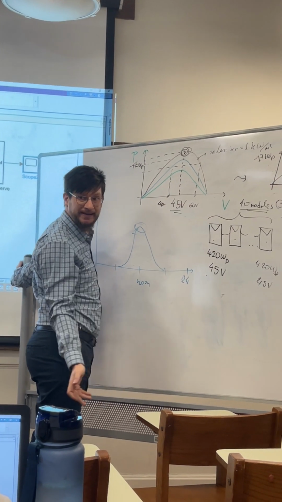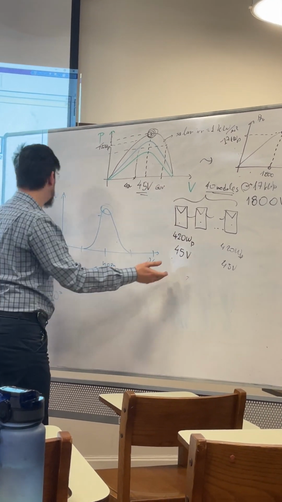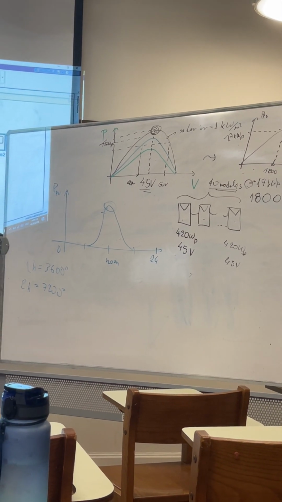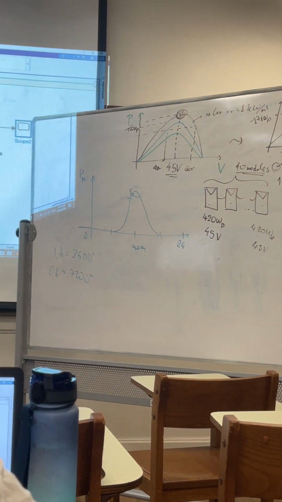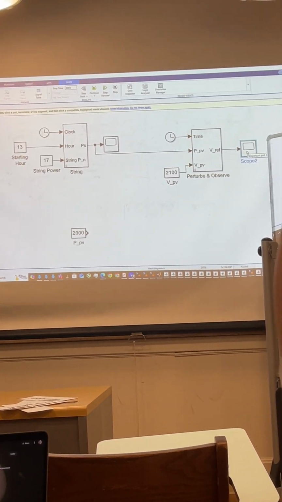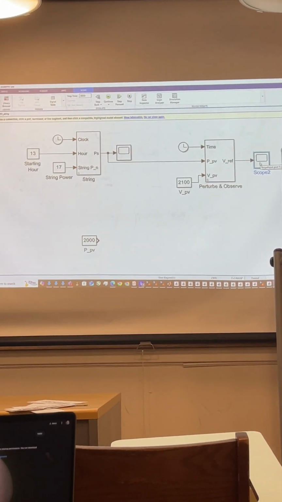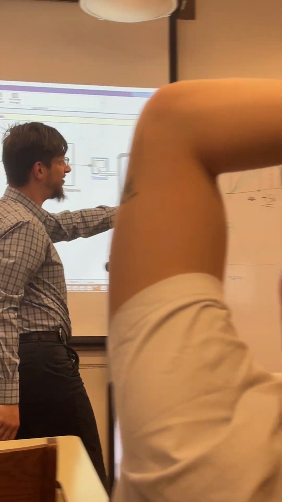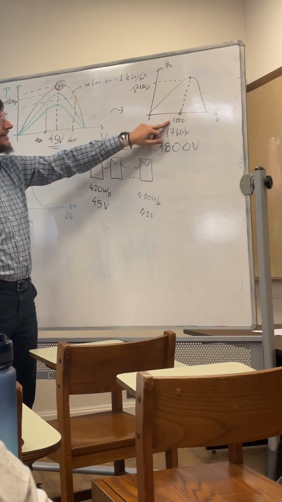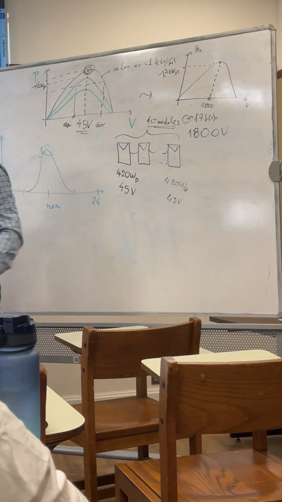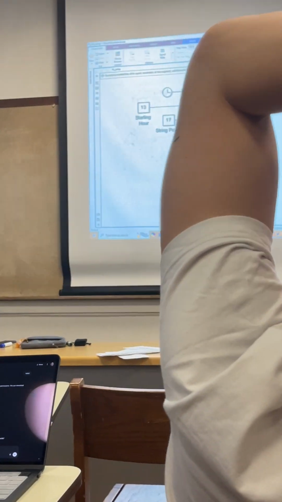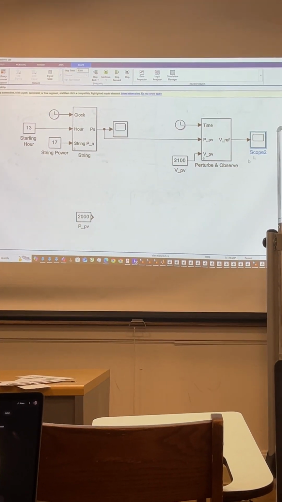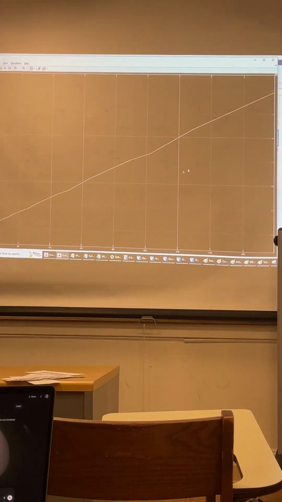The perturb and observe is going to keep increasing the voltage reference imposed at the terminals of the string of photovoltaic modules until it becomes 1800 or so. And then it should stop and go the other way. Let's see if this is going to be happening.